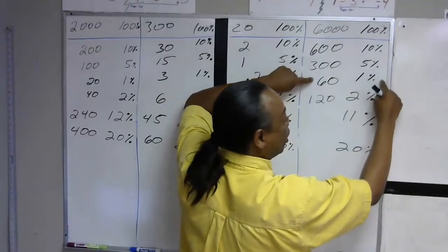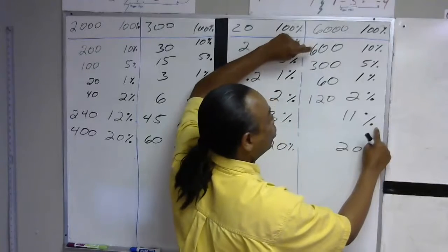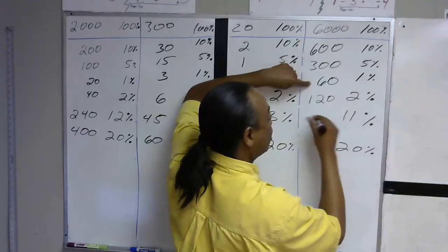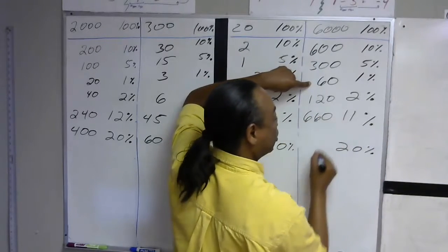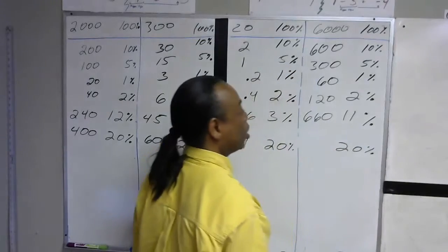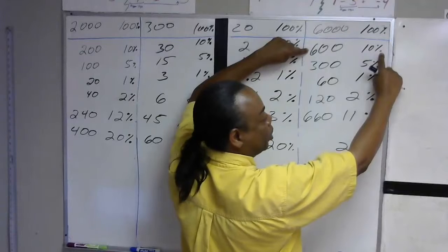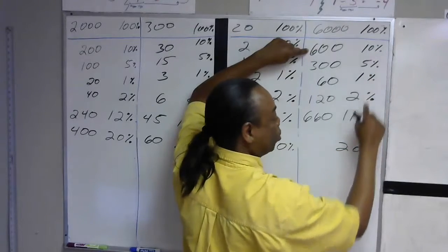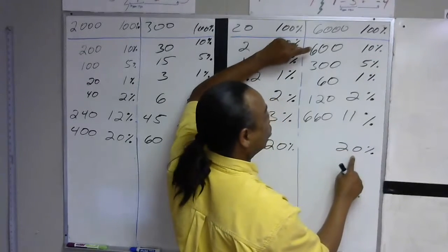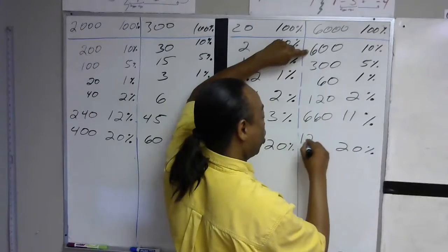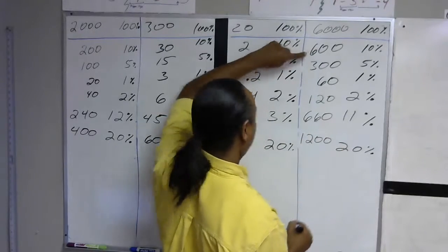So 600 plus 60 is 660. 20% can come from 2 times 10%. So 600 times 2 is 1,200.